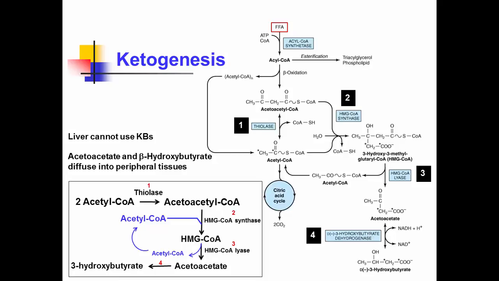So one of the very important reasons the body synthesizes ketone bodies under physiological conditions is that they are smaller, so they simply diffuse into the brain, and the brain can utilize them for energy, right?